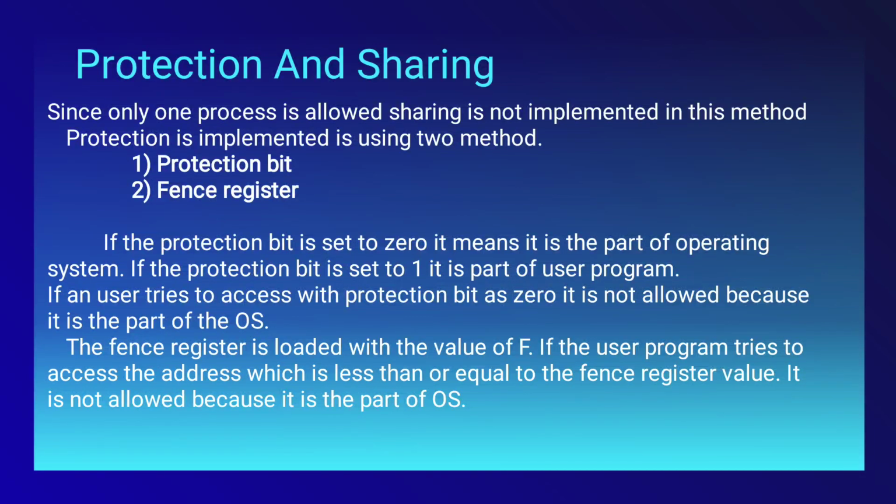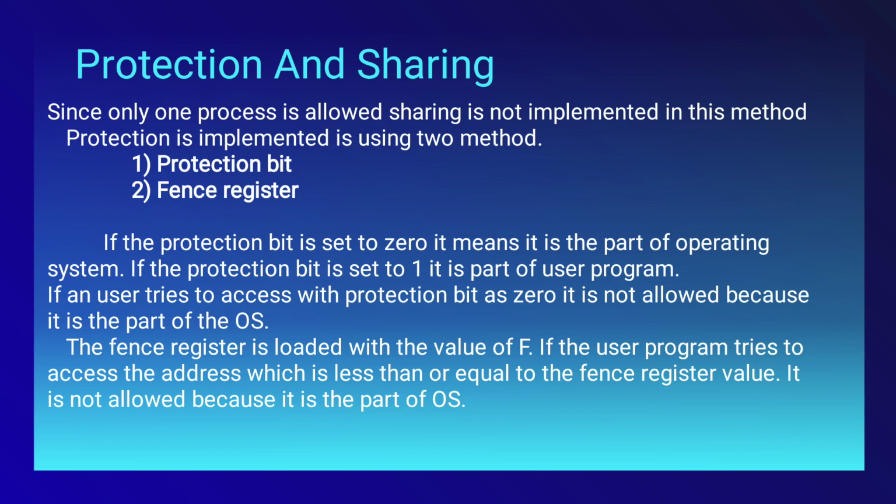Protection and sharing. The single contiguous memory management is divided into two parts: one is the OS part, another one is the user part. For the OS part, the protection bit is assigned as 0. In between the OS and the user part there is a fence register, and for the user part we assign the protection bit as 1.